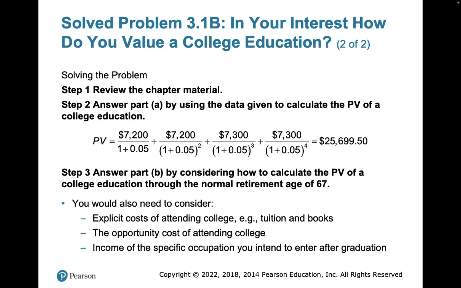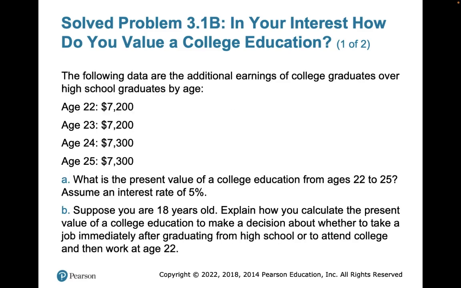So if you look at it, they said from ages 22 to 25, this one is 7,200, and for this 7,300.